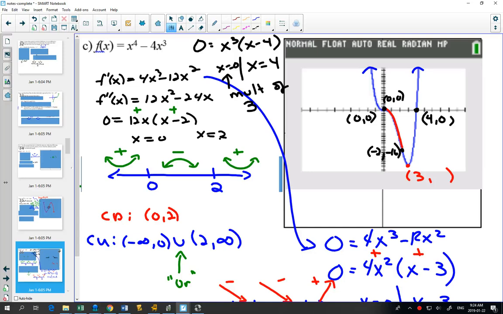Sometimes your x-intercepts bounced off like a parabola, and sometimes they bent like an x cubed. So this multiplicity of 3 told us that right here, it needed to bend. How do we see the bend now in calculus? We see the bend because of an inflection point. If you draw a point and you want to draw this side concave up and this side concave down, the only way to do that is to get that bend in the graph.